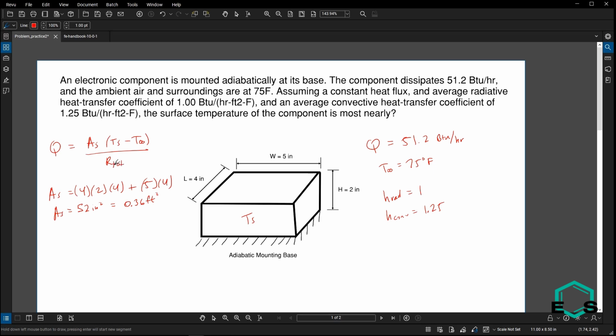Now to find R total, I'm just going to do a resistance diagram. Okay, so the convective and the radiation heat transfer coefficient happen at the same location.